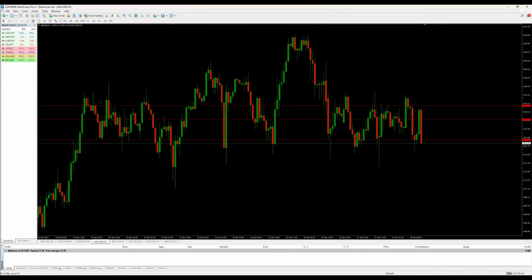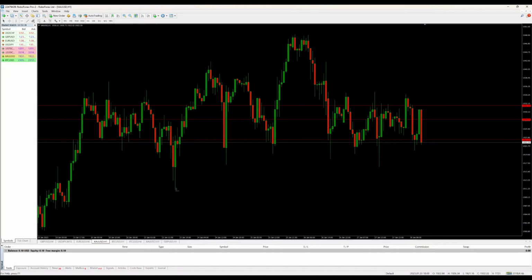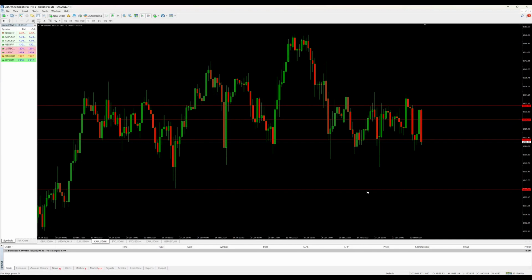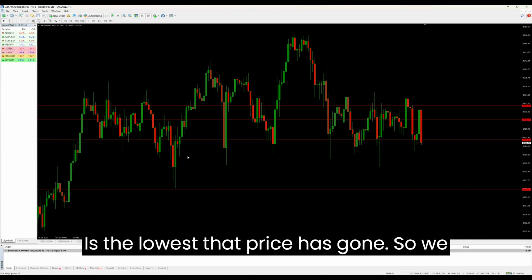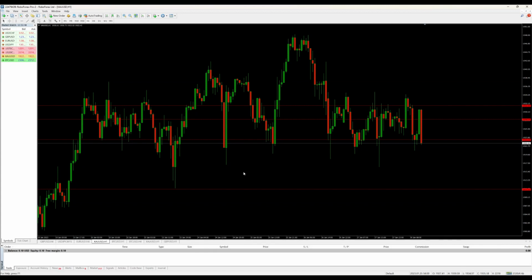Hold on. Let's see. If you take the horizontal line and put it here, let's say that this is the lowest that price has gone. So we saw this pullback, and this is the lowest.